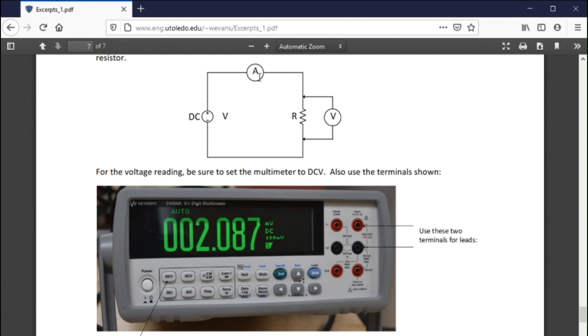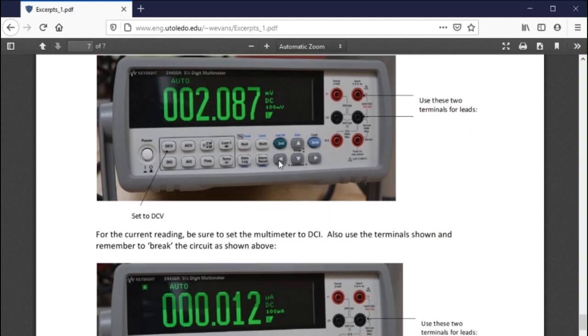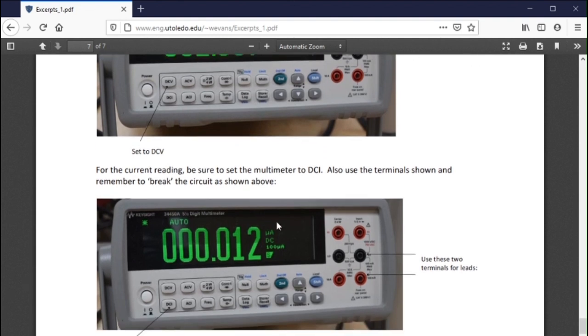If you want to measure current, you have to open the circuit, and where you open the circuit, you would click on DCI, or DC current, and the meter would have to be on this lead and on this lead. So basically, you break the circuit in order to read current. You read across to read volts. You break the circuit to read amps or current. And there's your reading for current right there.